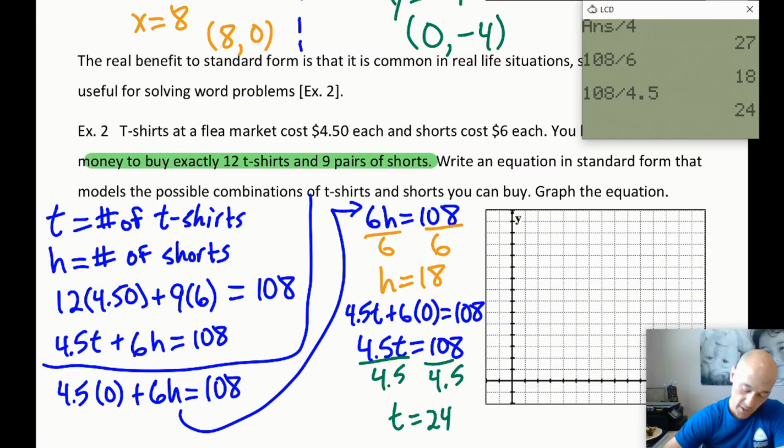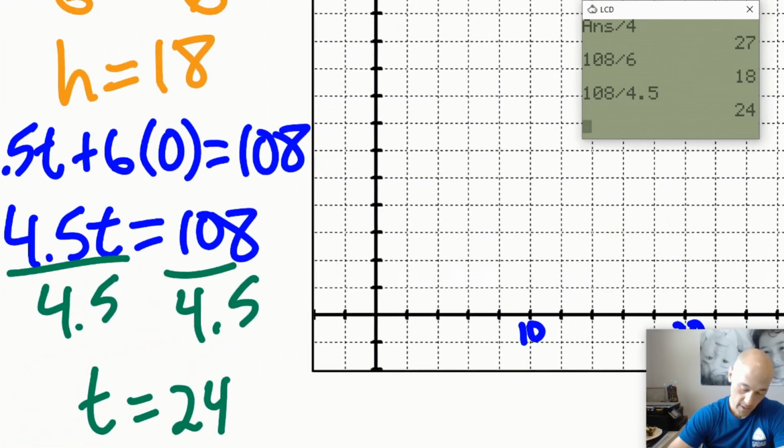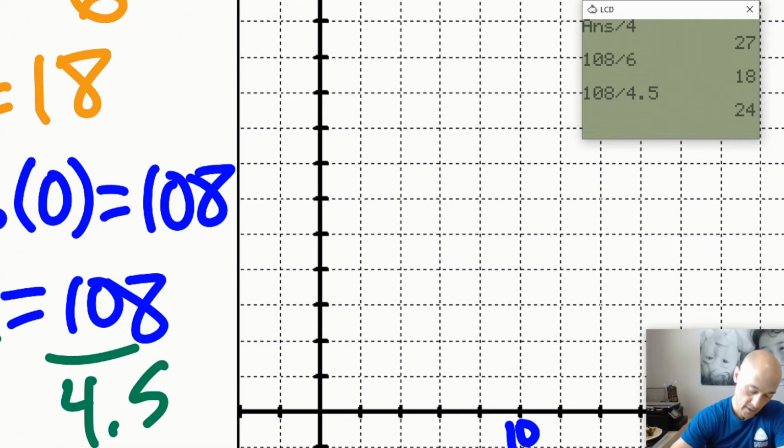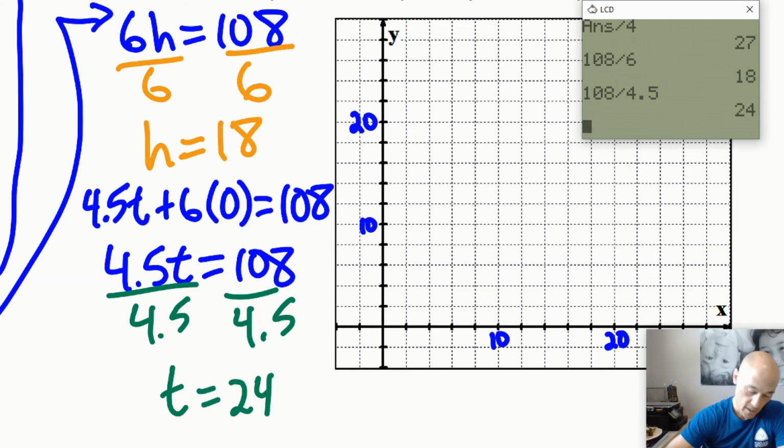So what I'm going to do here is I'm going to say this is 2, 4, 6, 8, 10, 12, 14, 16, 18, 20, and 2, 4, 6, 8, 10, 12, 14, 16, 18, 20. And I'm going to make this here number of t-shirts. And I'm going to make this number of shorts.